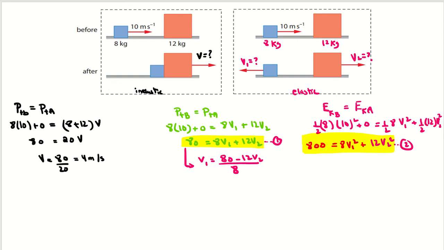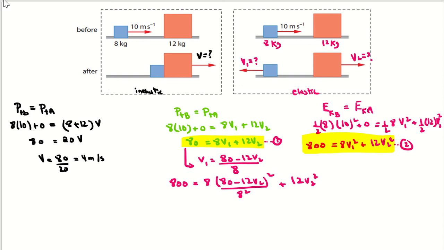So in this case, it's going to be 800 equal to 8 times v1 squared, but you have to pay attention that it's squared, okay, over 8 squared, because this is v1 squared, plus 12 v2 squared.